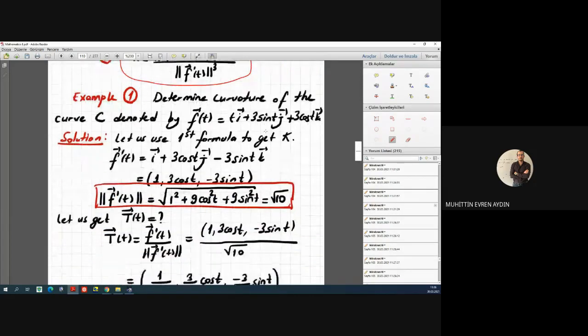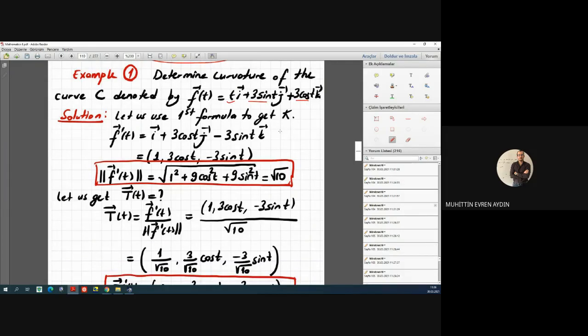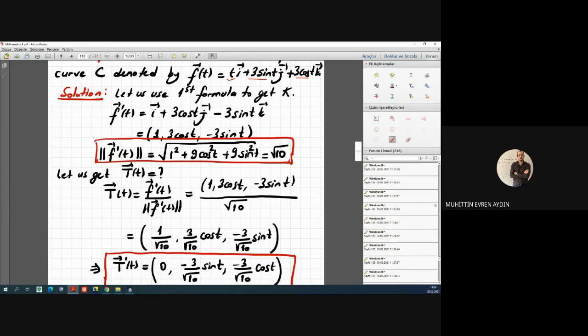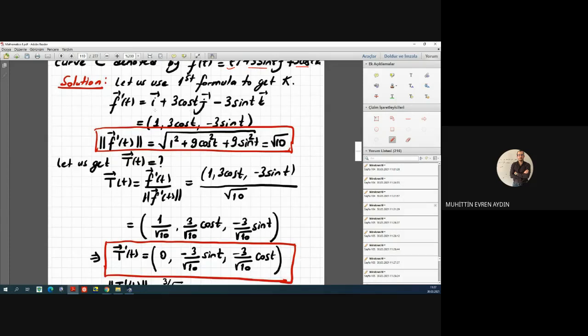Okay, let's consider an example. The curve C is given by this function, namely t, 3 sine t, 3 cosine t. Let's check if it has constant speed: the first derivative and its norm is constant.